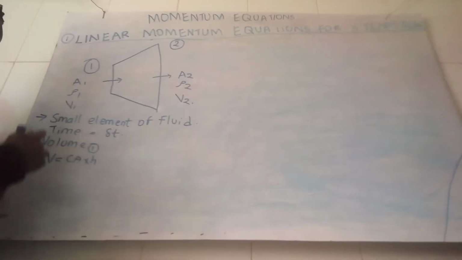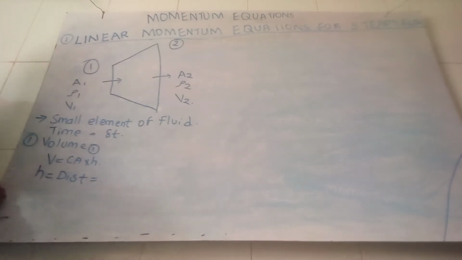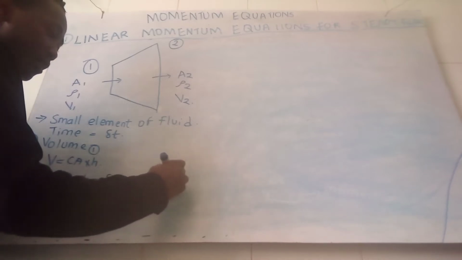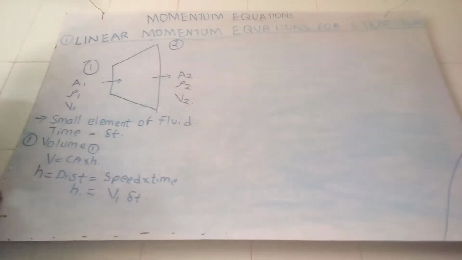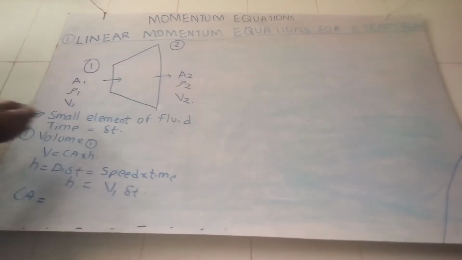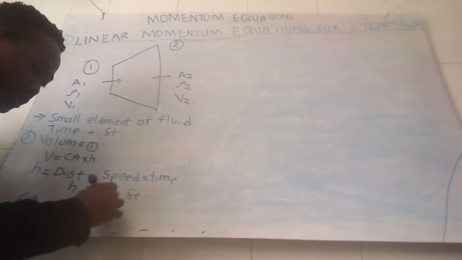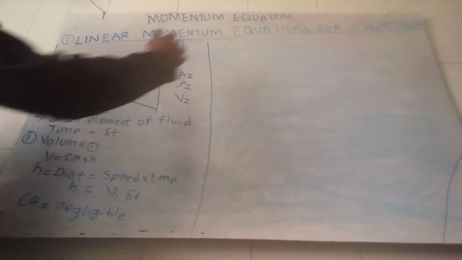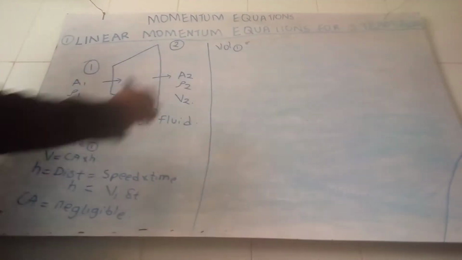Height is equal to distance, and distance is given by speed times time. That is going to be V1 differential of t. That is my height. Since we are considering a small element of fluid, the cross-section area is going to be negligible. With that, the volume at point 1 is going to be given by V1 differential of t.